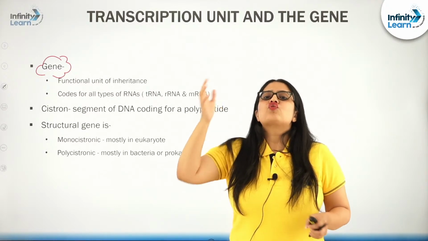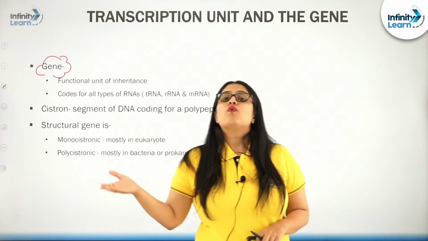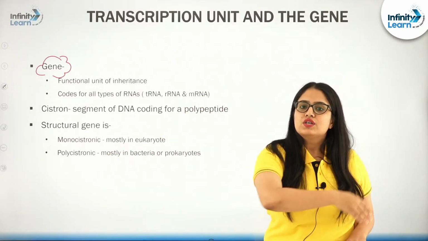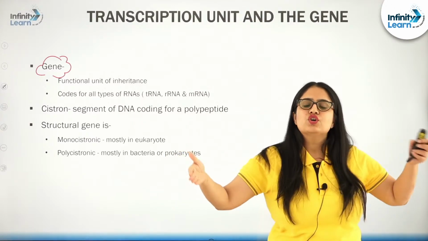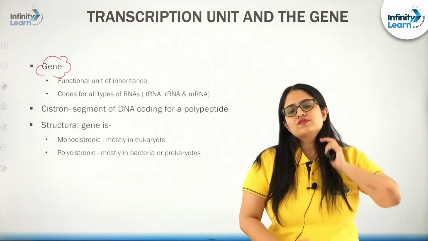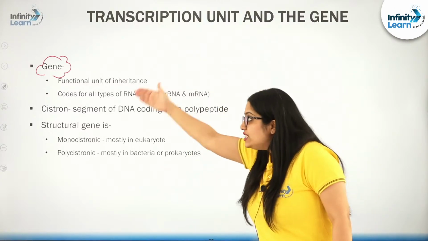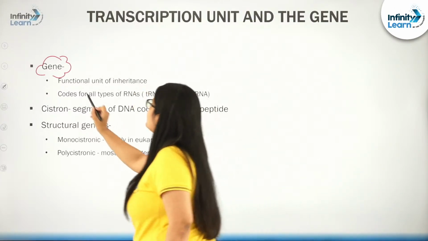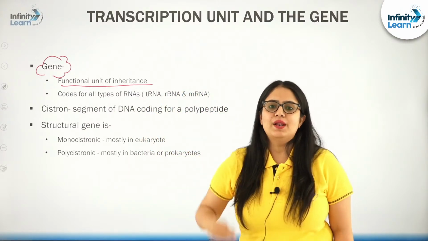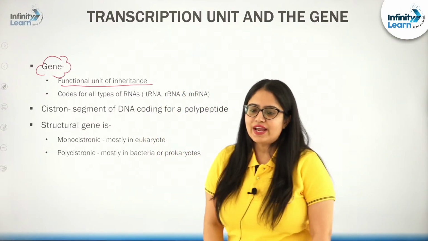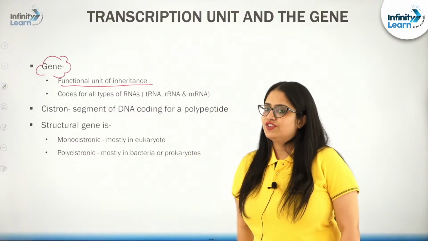Inheritance means transfer of characters from one generation to another. So, this whole process of transfer of characters from parental generation to offspring is known as inheritance, and gene is the functional unit of inheritance. That means genes will help in transfer of characters from parental to progeny.